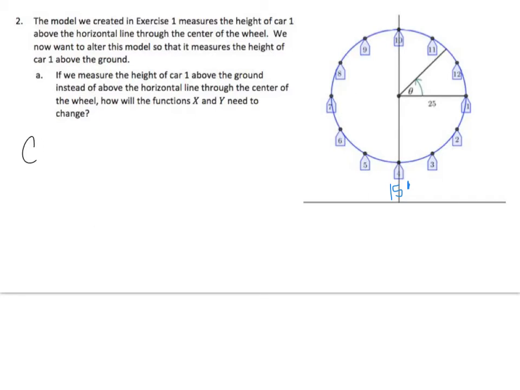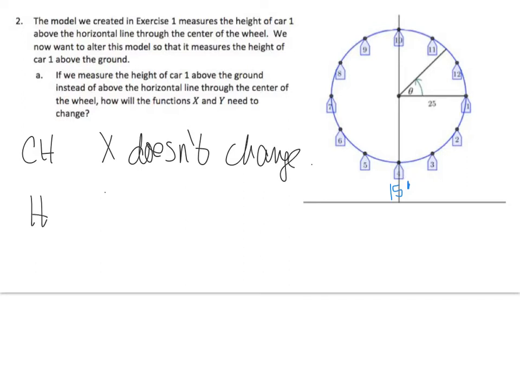We can say that the co-height function x doesn't change because that's the horizontal distance. The height function y does in fact change, though. The height function is going to have to add 15 to it.